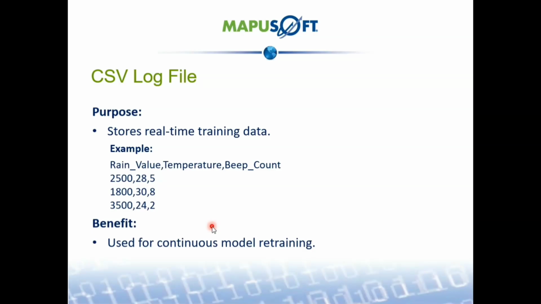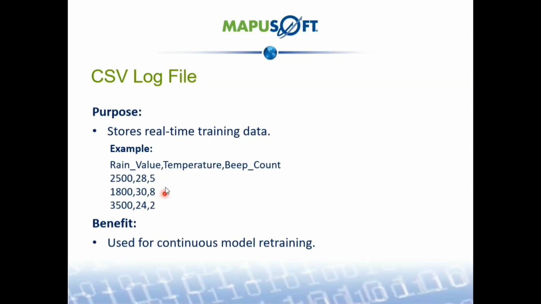This is one of the most important concepts in this project. After several samples, the system automatically retrains the AI model. So the model continuously improves using live sensor data. This is called a continuous learning AI system. This makes the project much more advanced than a traditional embedded system.